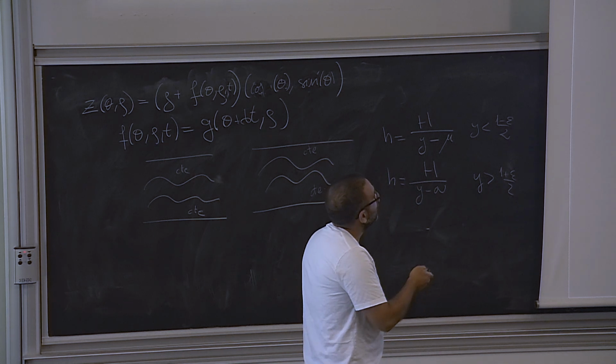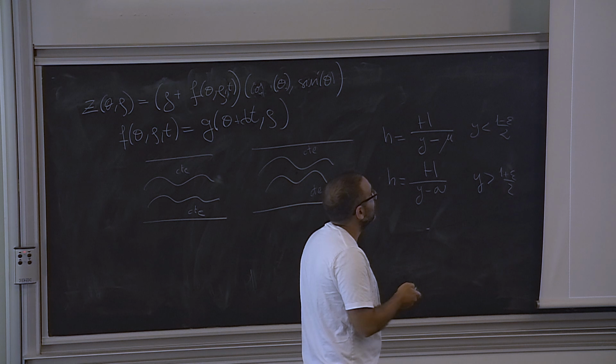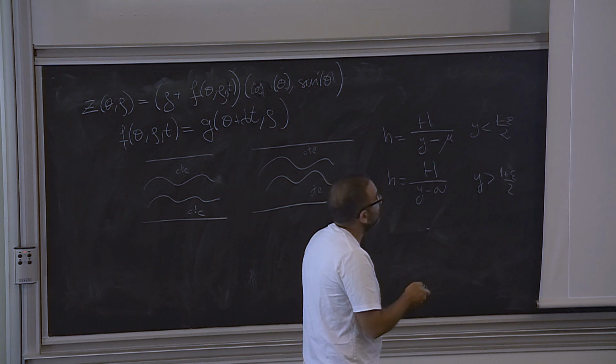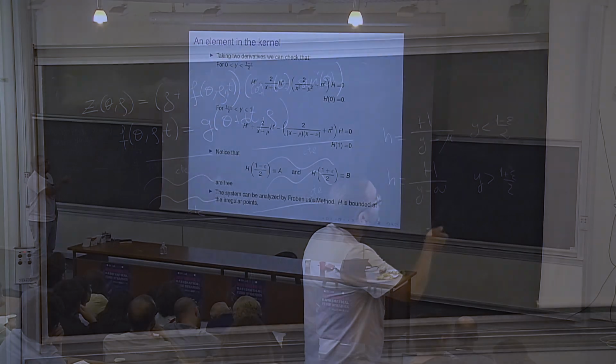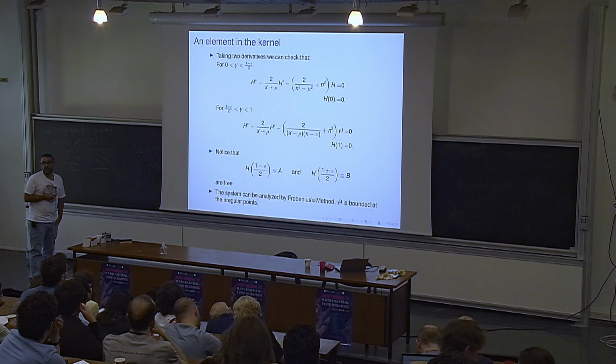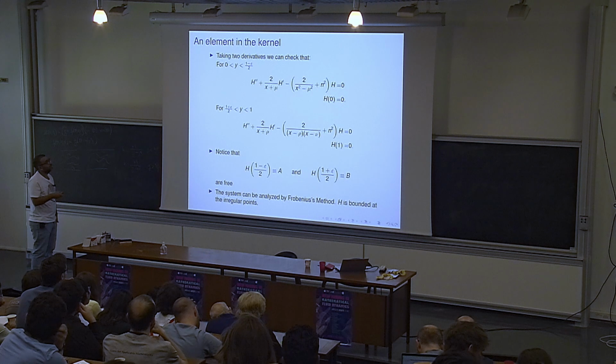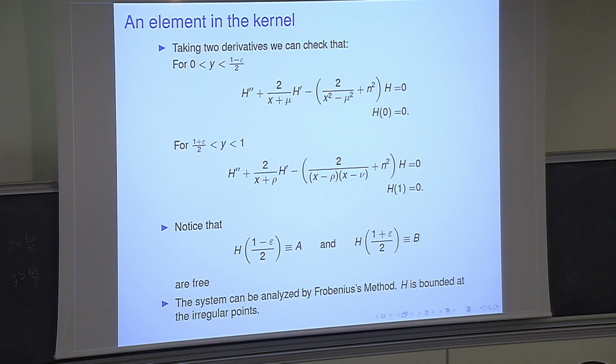Okay, so how can one find solutions to this system? Well, the first thing that you can do is take two derivatives in this equation, and then you get that the function h must satisfy this ODE in the left side with boundary condition h(0) equal to 0.